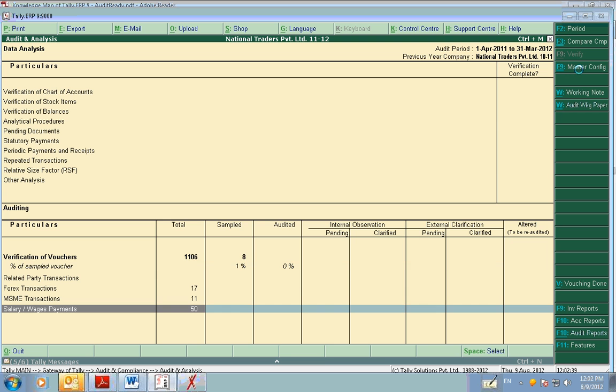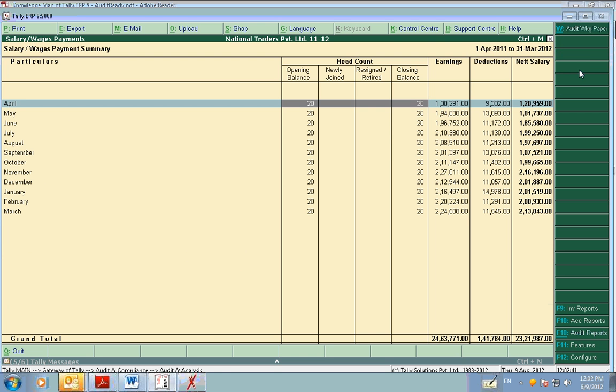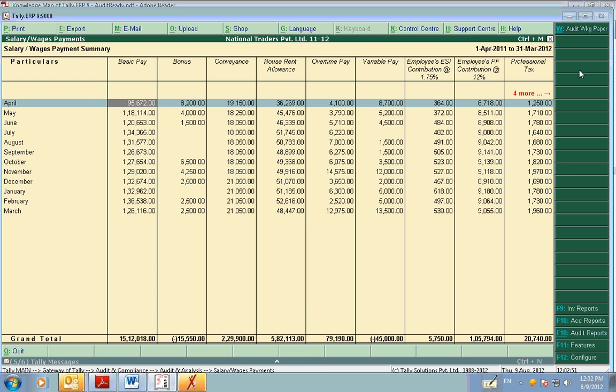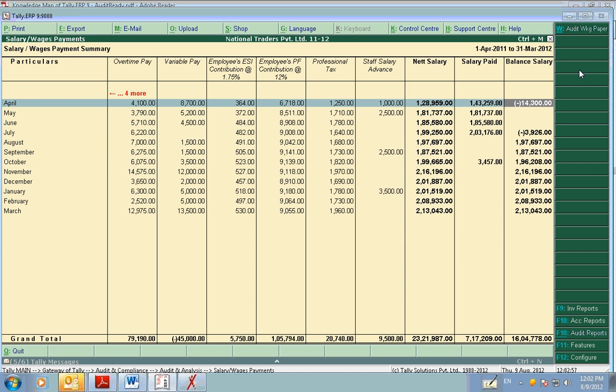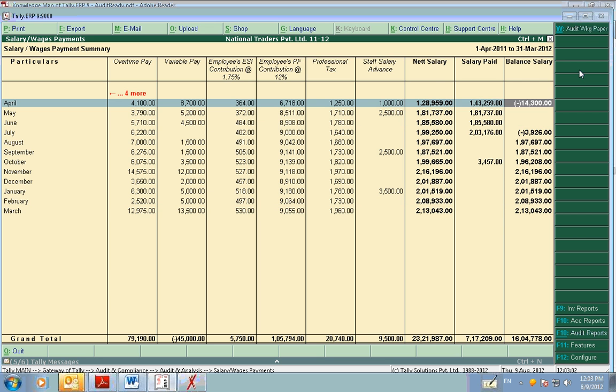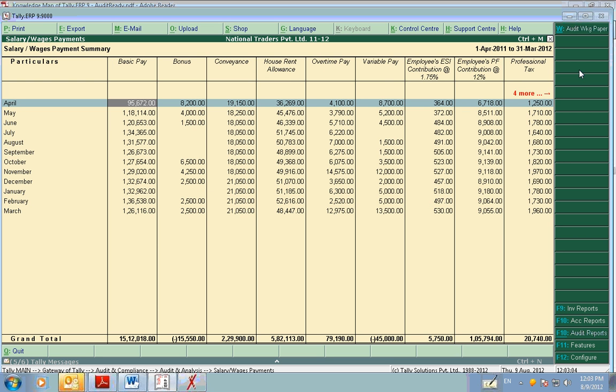Now coming to salary wages payment. If you use the entire payroll feature, here you can have the complete information about your payroll to check on what exactly the wages payments summary is, at a single sheet here. So what are these balances in minus figures and how exactly has it been?